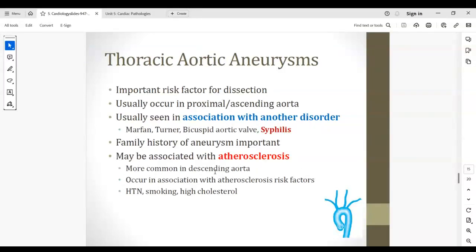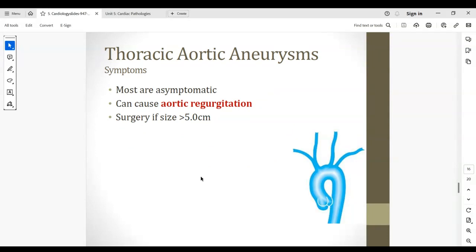It is more common in the descending aorta. Why? Because this is less flexible, or less elastic, than the ascending aorta and the arch, and it occurs in association with atherosclerosis risk factors like high blood pressure, smoking, and high cholesterol. Thoracic aortic aneurysms are mostly asymptomatic.